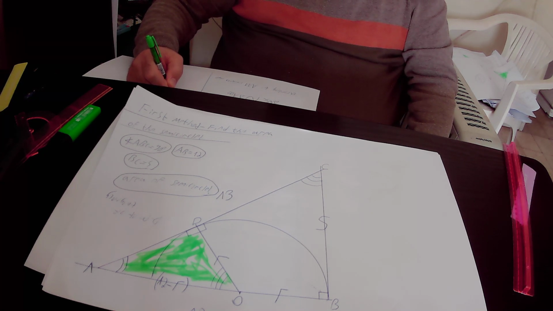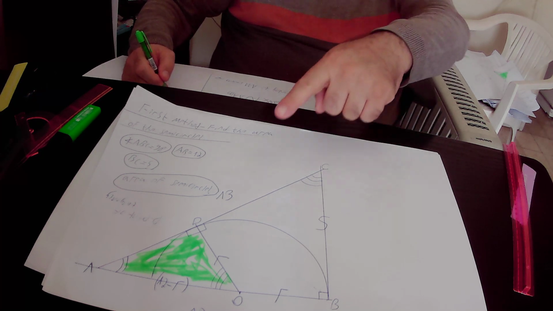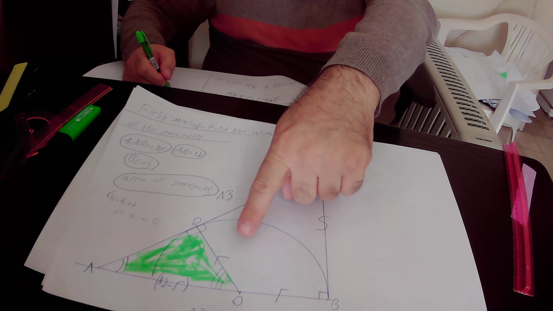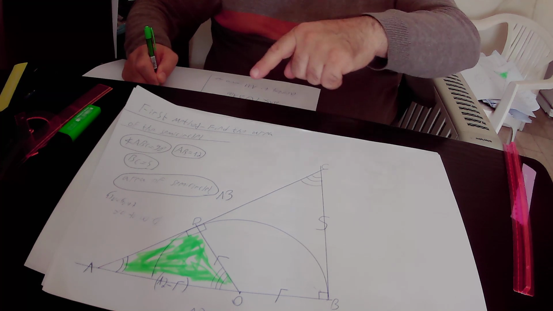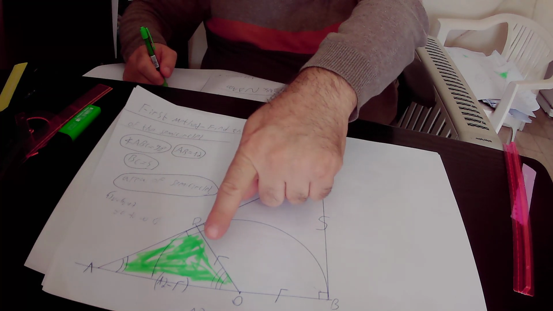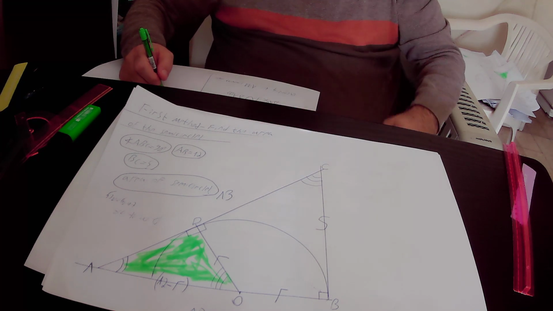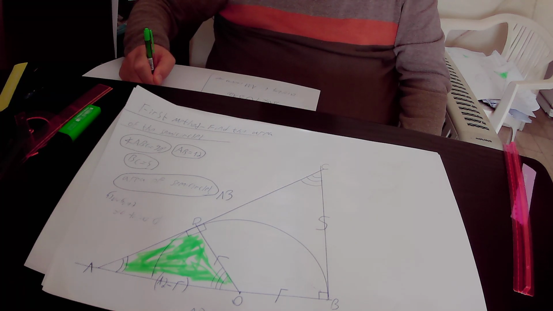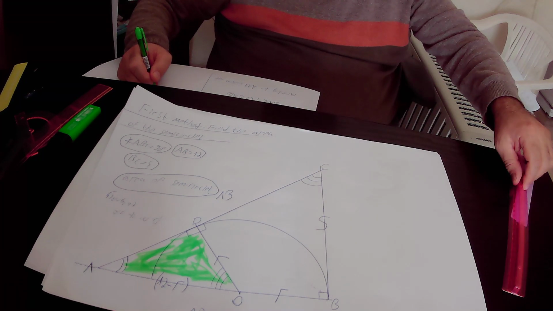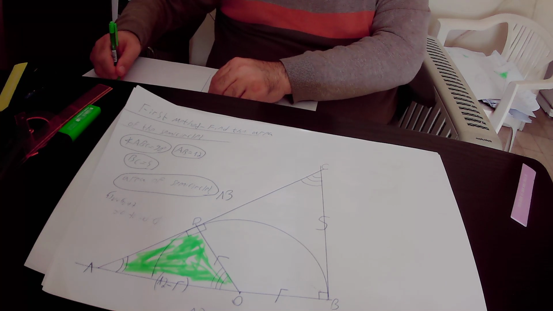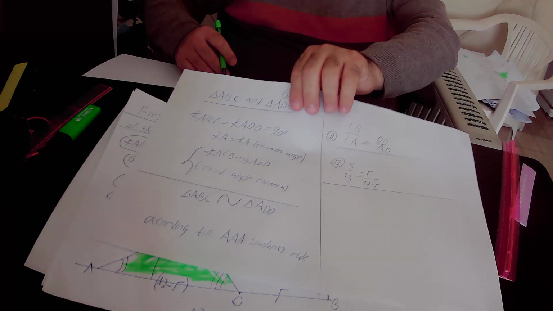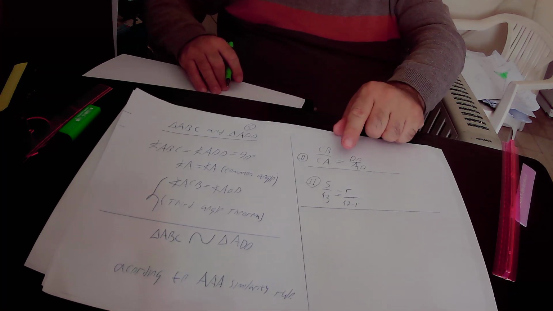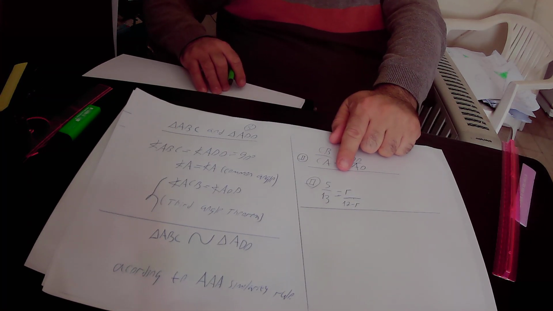DO equals R, the radius of the semicircle, and AO, we already found out, equals 12 minus R. So in conclusion, according to equation number 2, 5 over 13 equals R over 12 minus R.